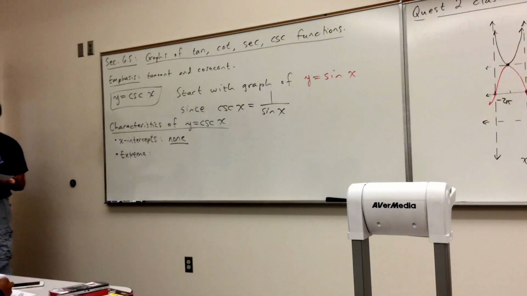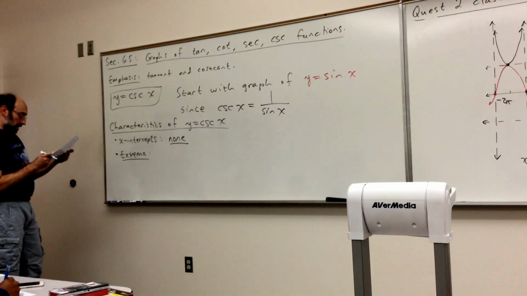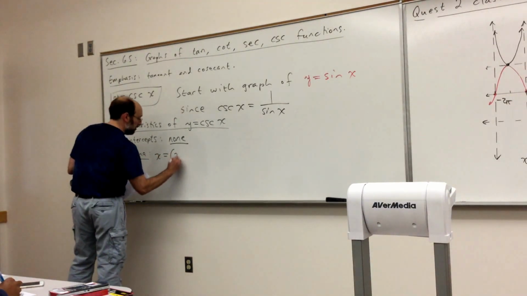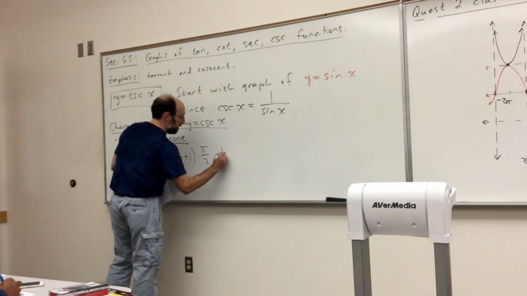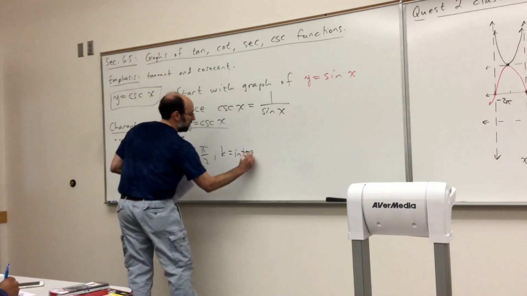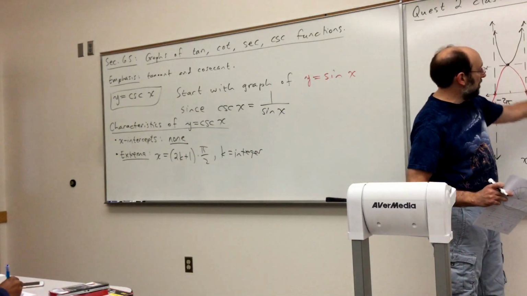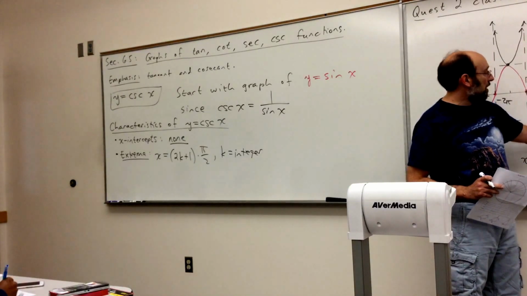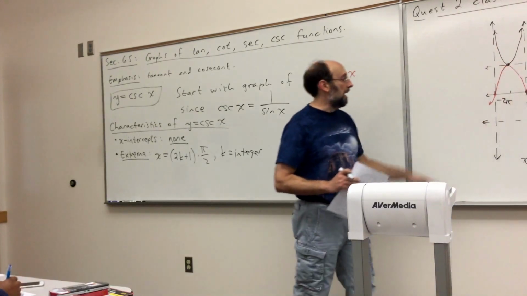They're called extrema collectively. So they are going to occur at odd multiples of pi over 2. X equals (2k plus 1) pi over 2, where k is an integer. So that is to say, I'm going to have an extremum at pi over 2, which is a max, then a min at 3 pi over 2, a max at 5 pi over 2, so they're going to alternate max, min, like that.